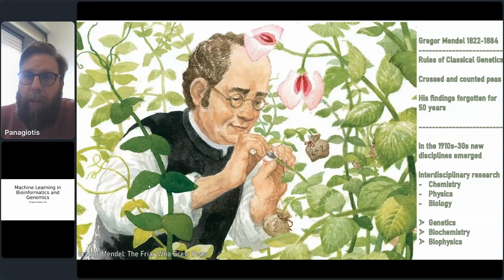The story starts about 200 years ago with a monk, I mean, he was more of a teacher than a monk, but Gregor Mendel, who started noticing interesting patterns in how peas, the plant, the color of their flowers and the shape of their fruit, or of the beans, was differentiating based on how the plants were being crossed with each other.